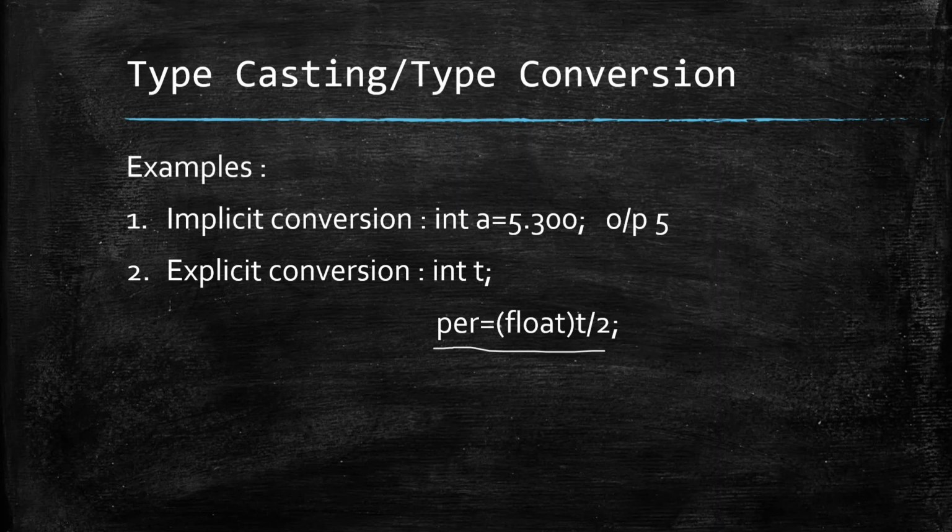Sometimes you will, but even then, suppose you get exactly 99%, it will be taken as 99.00%. PR is my variable which I am taking for my percentage. So my percentage has to be in float, but my t is of data type int. So I'll have to convert this. The compiler will not convert this, we'll have to convert it.